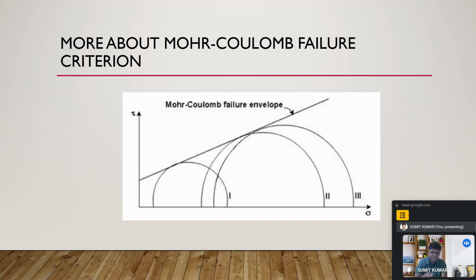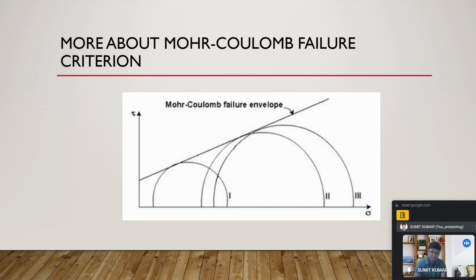After that we apply the axial stress, that is the deviatoric stress, sigma 1 minus sigma 3. On the basis of that we are able to find the value of sigma 1. So first we got the value of sigma 3, then the value of sigma 1, and we form a Mohr circle on the basis of sigma 1 and sigma 3. That is the first circle. After that we vary the value of sigma 3.